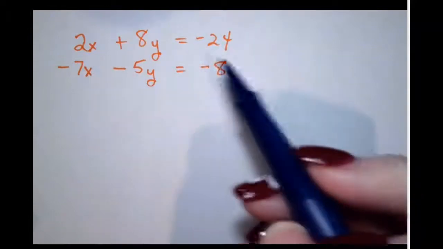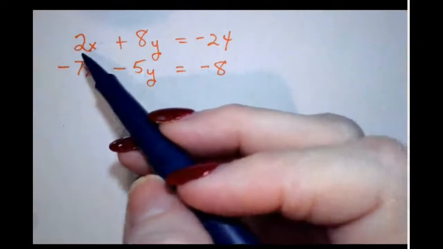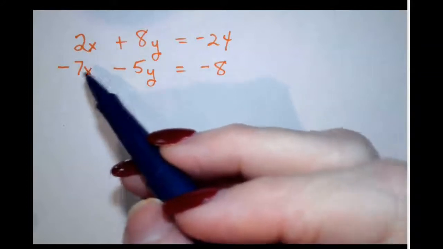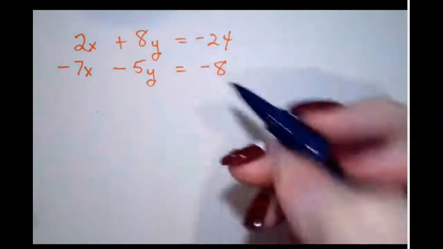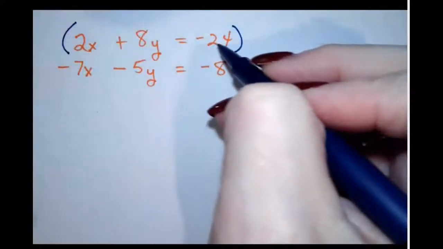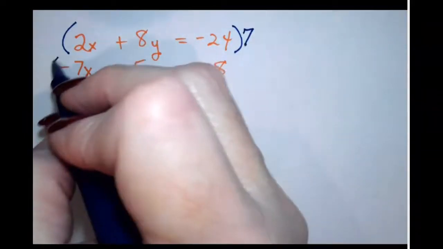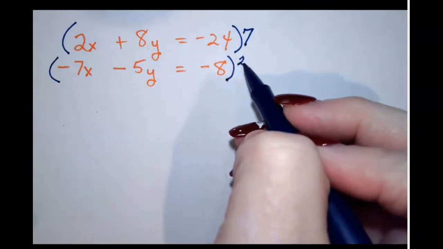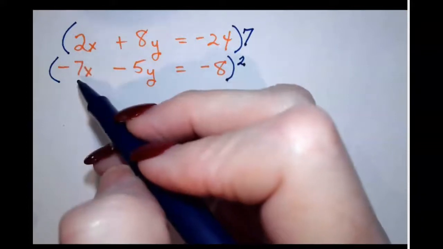Now, there's 2 ways to do it, but I'm going to take the first. I want to figure out how to multiply so that the x's disappear. Well, if you think about it, if I multiply everything in this first equation by 7, and I multiply every single thing in this equation by 2. Do you see where I got 2 and 7? I got them right there.